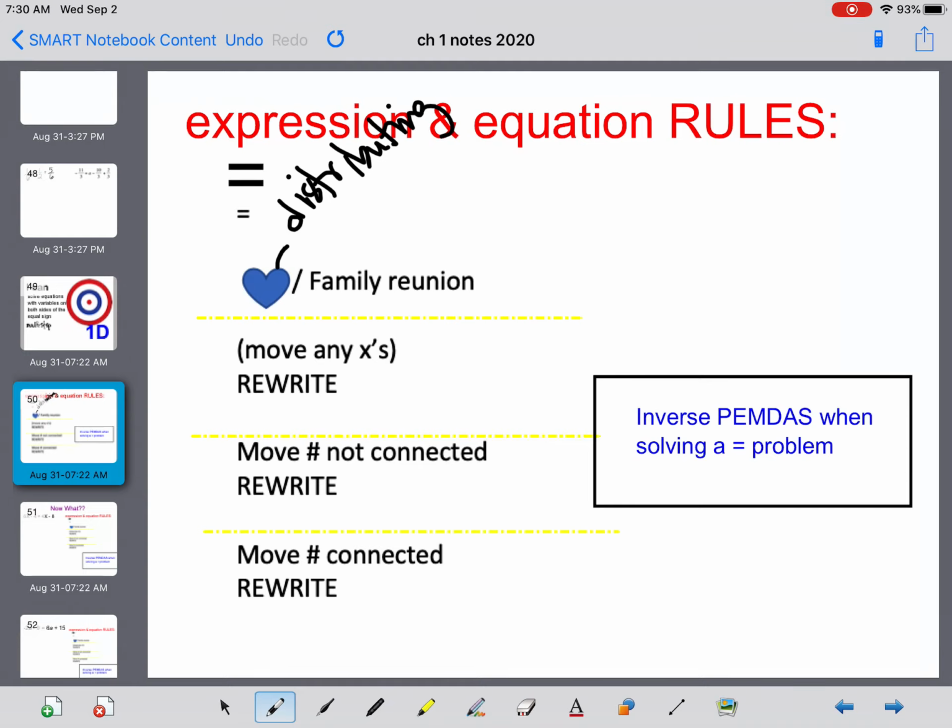We're going to distribute. We call this share the love because that helps us remember what we're doing, right? And then we want to combine like terms or have a family reunion where everybody with the same last name gets together.